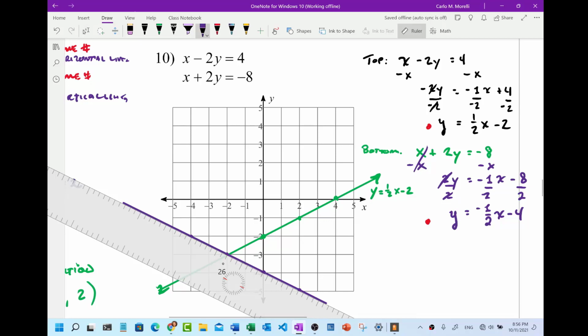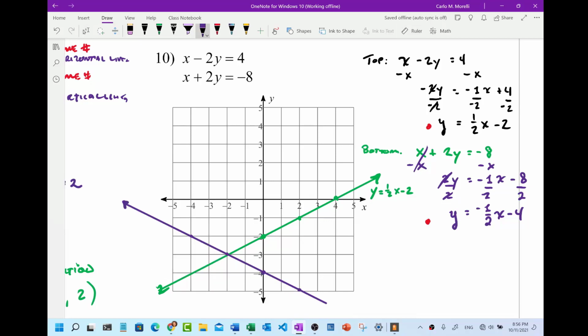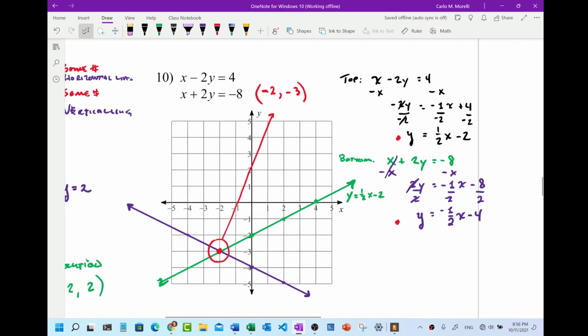So we draw the line, and we see that intersection point there is going to be our answer, right? This point right here, that's the solution. So let's find a place to write it, maybe up here. That coordinate is negative 2 on the x, comma, negative 3 on the y. Alrighty, and that is the end of number 10.